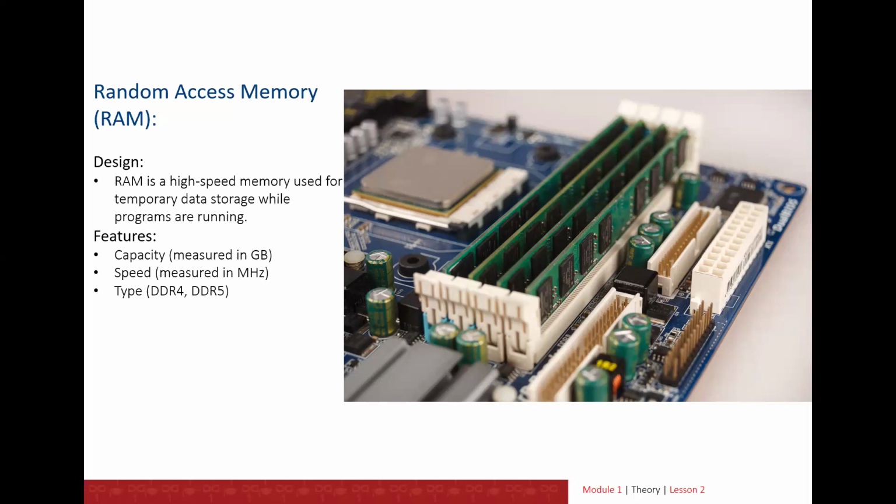The types of RAM: DRAM is the most popular. DRAM means dynamic RAM. It is the most common type of RAM, which is in our computers and laptops. It refreshes thousands of times per second, because this is the nature of dynamic RAM.